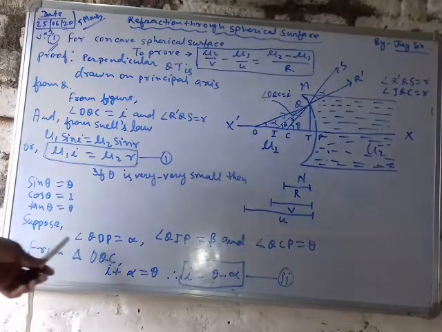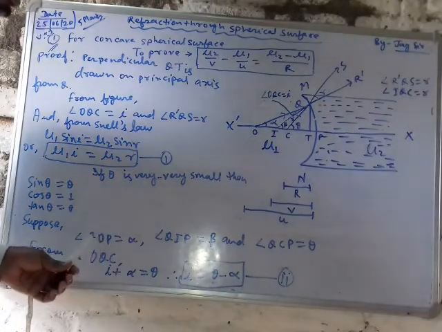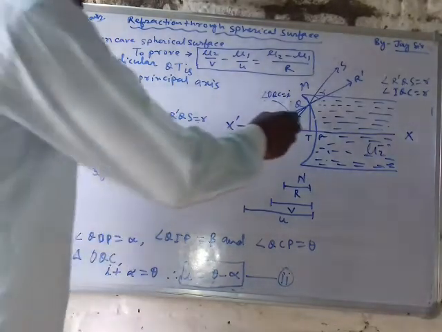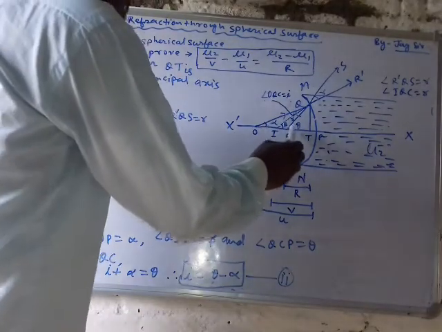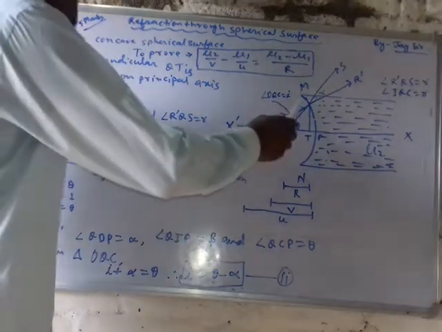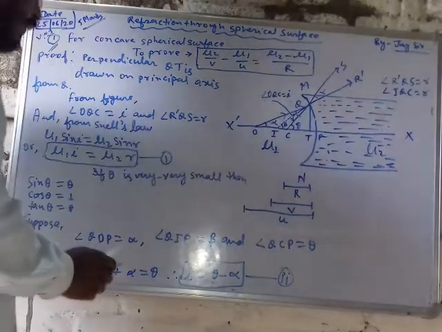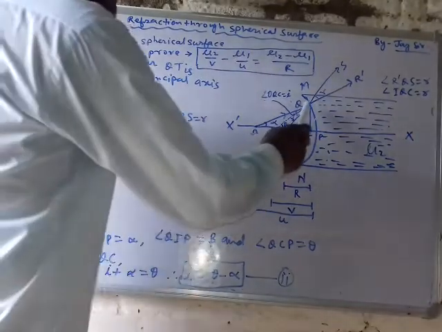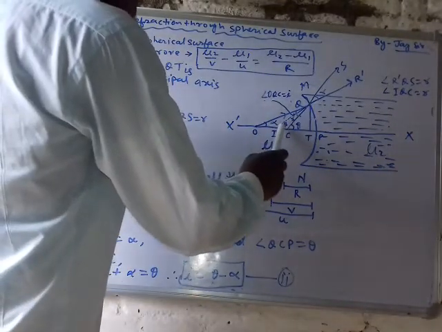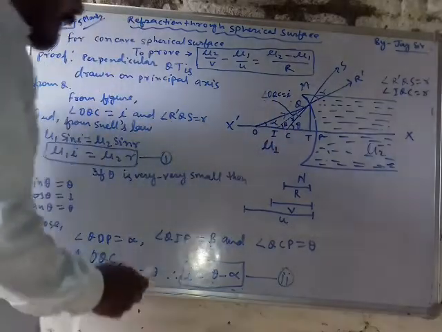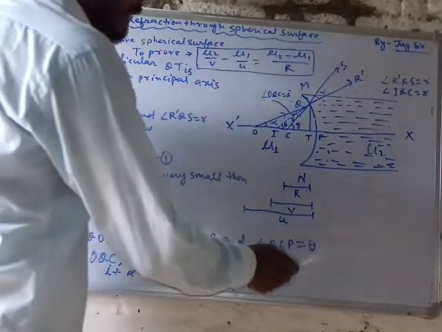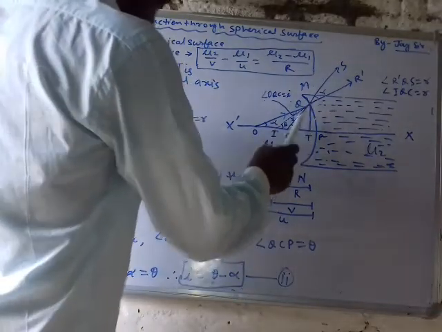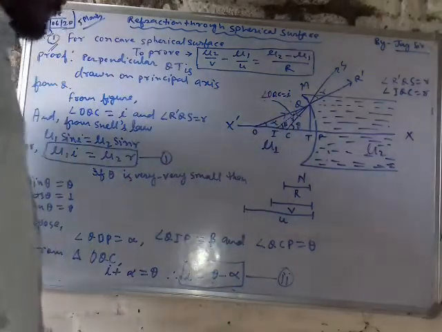Now suppose angle QOP equals alpha, angle QIP equals beta, and angle QCP equals theta.